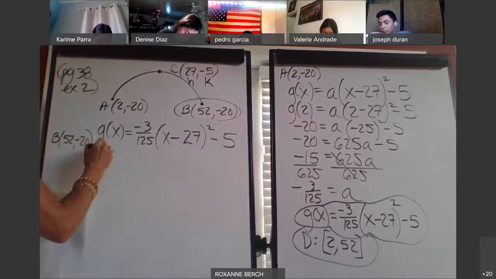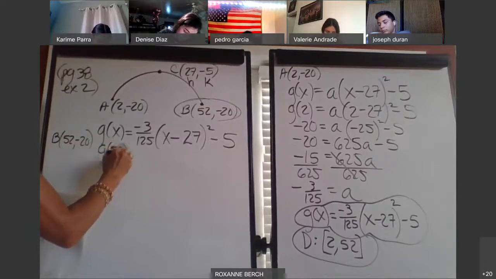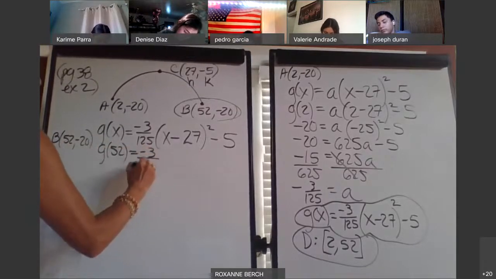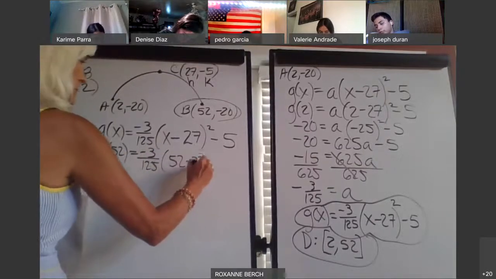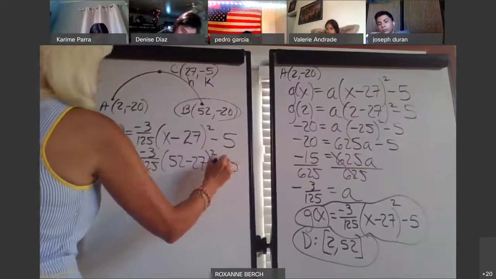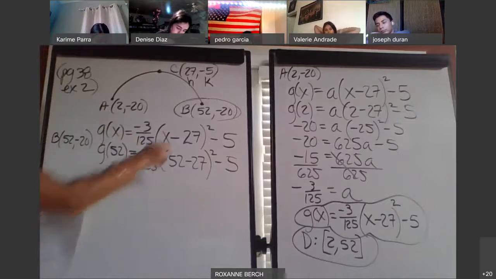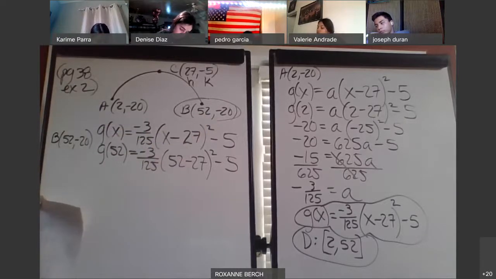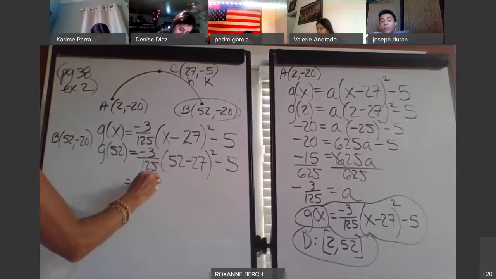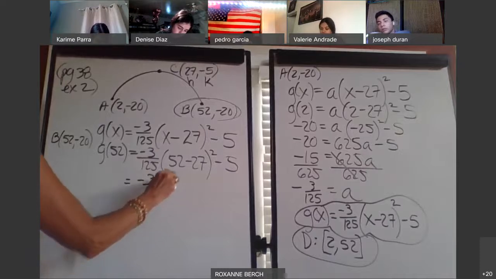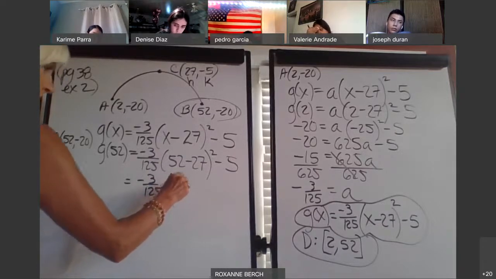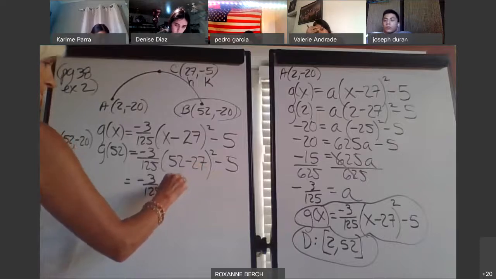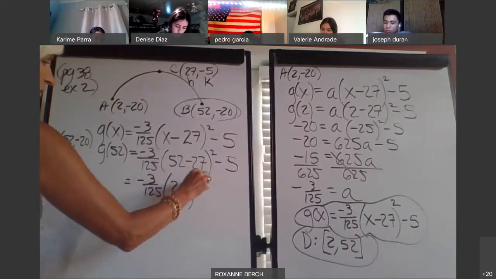So I'm going to take G of 52. Wherever I see an X, I'm going to put 52. And the answer I'm going to get is going to be -20. So watch. 52 minus 27 is 25. 25 squared.